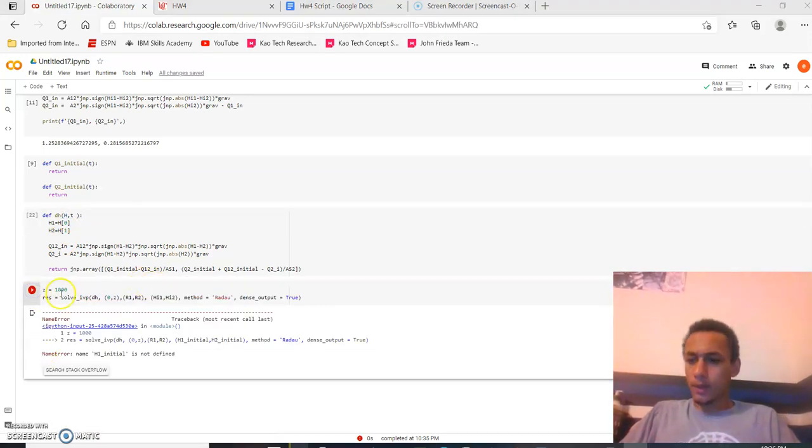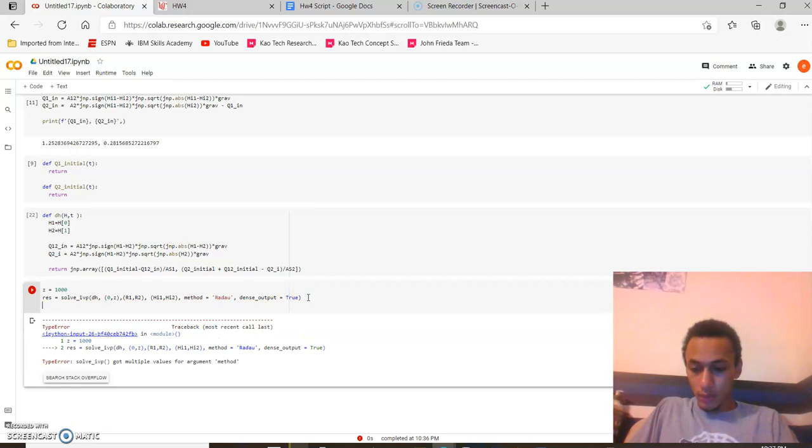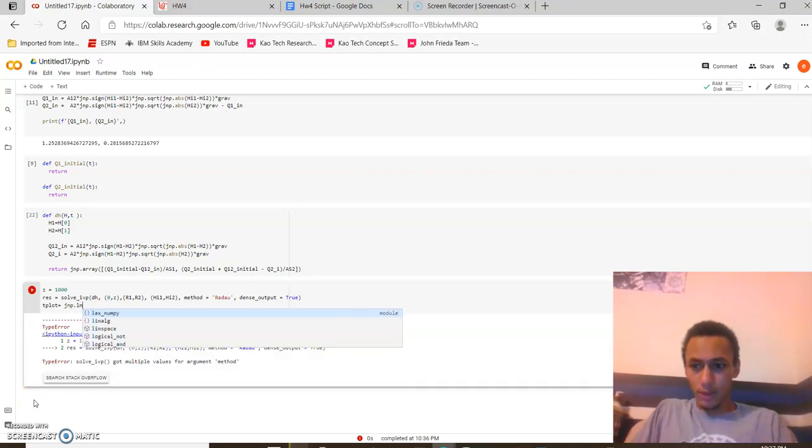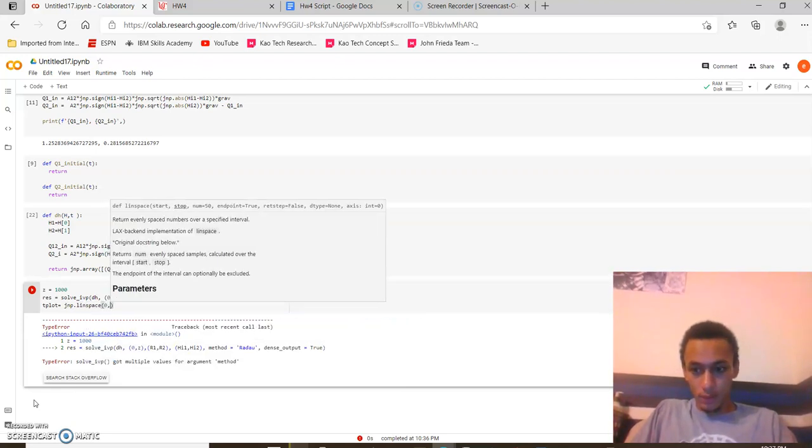So after that, let's try something new. What should I set this equal to? Say plot t equal to jnp.linspace, evenly spaced, 0 to z, let's say 1001.